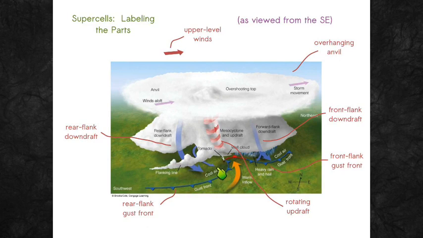And then the last thing I'll point out is that the updraft happens to be typically configured in such a way that it sits right where these two gust fronts come together. These two spreading gust fronts along the ground sort of funnel the warm air into the updraft, in a way.